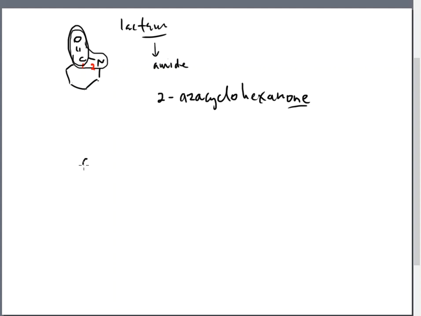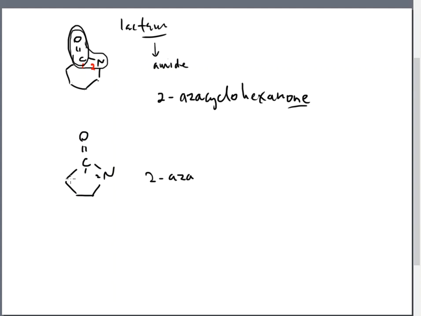So let's take a look at another example. We've got a C double bond O with a nitrogen, and this time it's going to be in a 5-membered ring. How would we name this? There's no difference. Don't freak out on me. This is carbon number 1 with IUPAC. This is number 2 in the IUPAC system. So this is still a 2-aza.